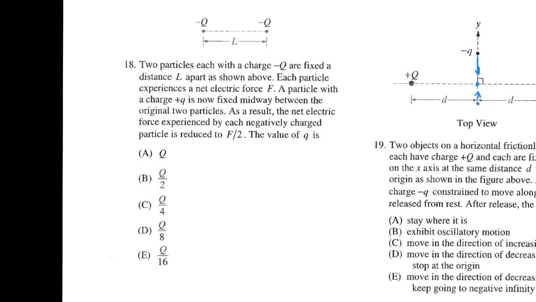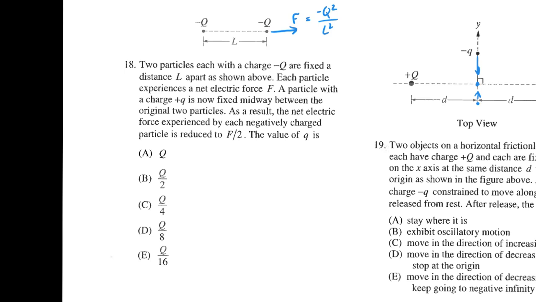I see no shortcut. There might be a shortcut that I'm not thinking about. So there's currently a force this way, and it's equivalent to Q squared over L squared. I'm just going to leave out the constant for a minute.